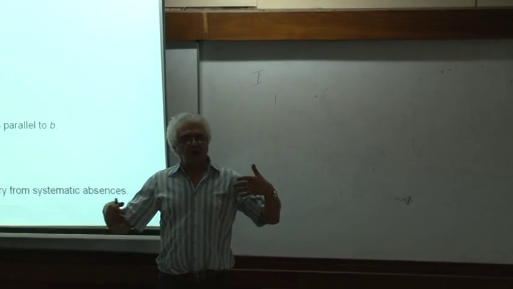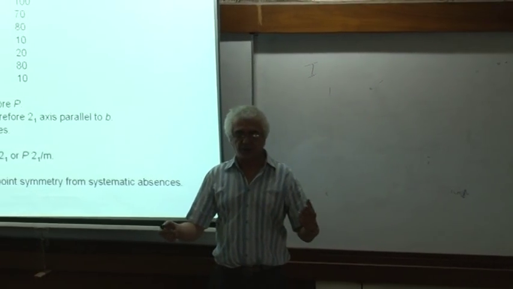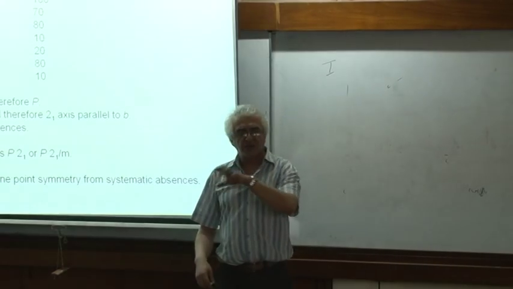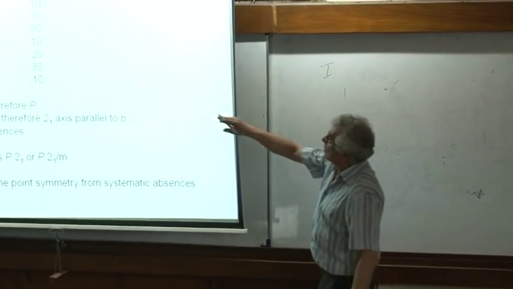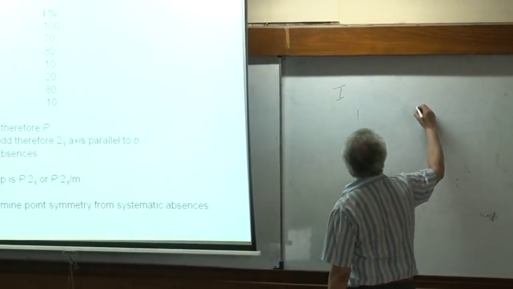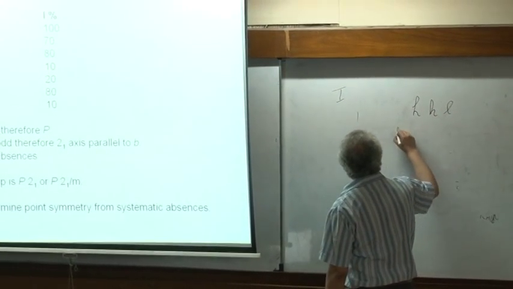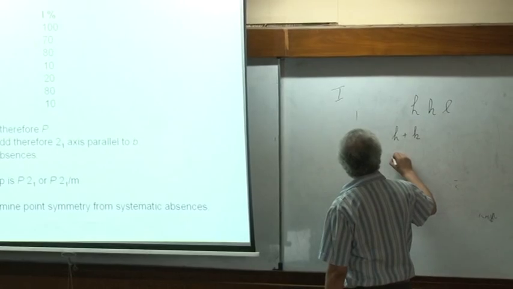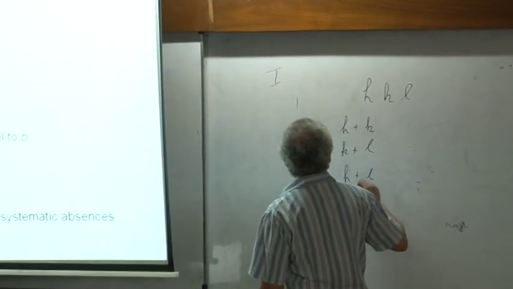The first thing, when we've collected the data, we get a unit cell so we know that it's monoclinic. When we actually collect the data, and in my second or third lecture, I'll tell you how that's done. So the first thing was, do we have any HKL reflections where H plus K, or K plus L, or H plus L are odd?